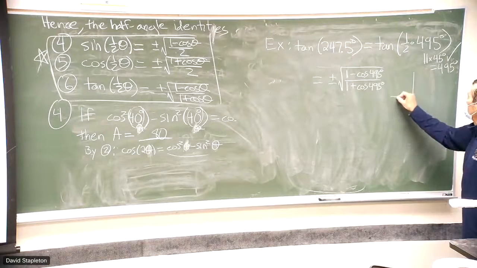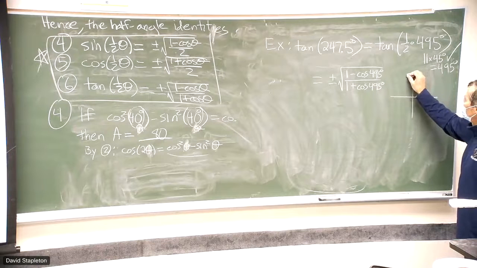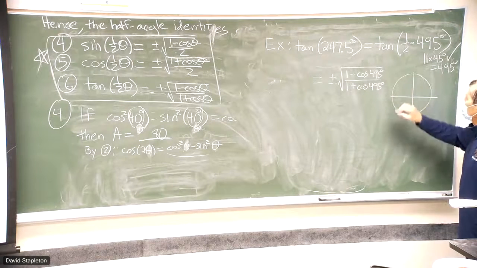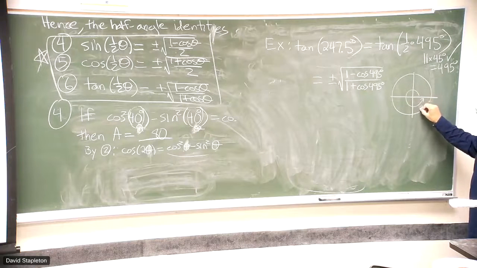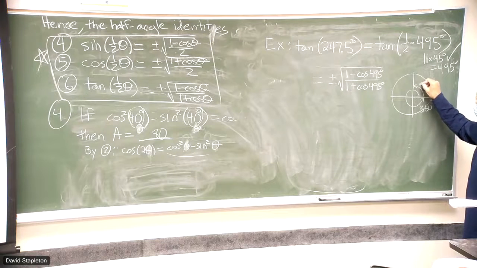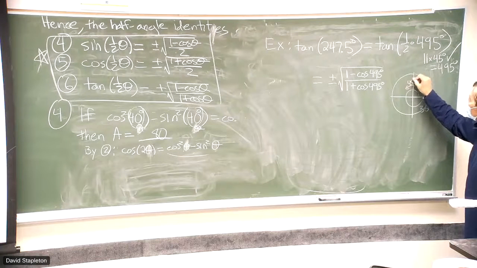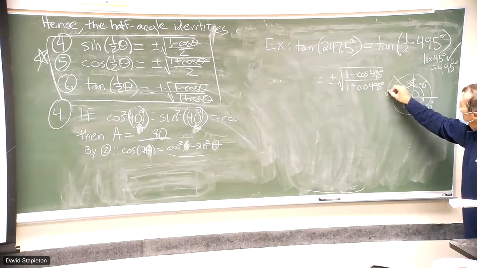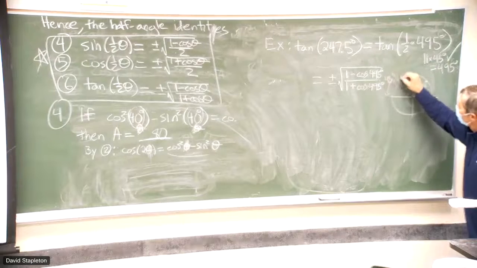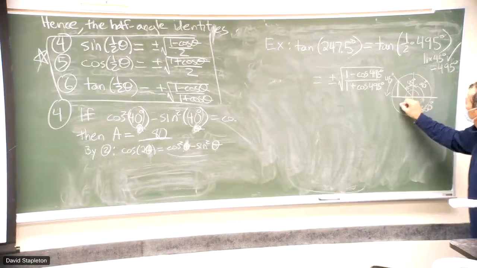495 degrees I can do on the unit circle since it's not an acute angle to use with a triangle. So I say, well, there's 360. Now I've got 135 more, right? Same angle as before, right? 90, 450, 45. Right? Halfway through this quadrant makes 450, 495. And now that leaves me a reference angle of 45 degrees. Sure enough, a special triangle here.